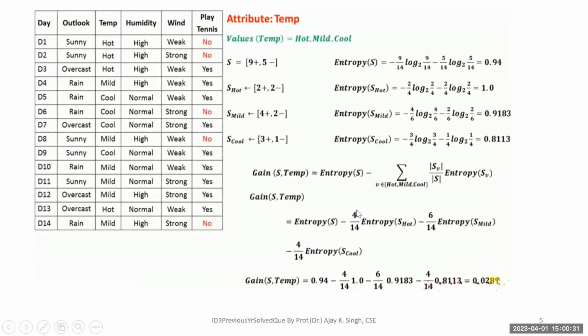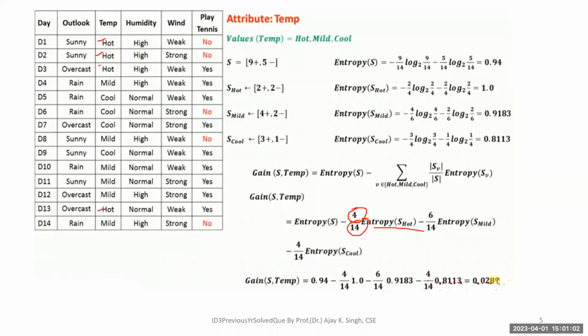This is the total case, and out of the total cases, how many are hot? I think it is 4. Let's see: 1, 2, 3, 4. Four points are there. Are you able to see that? That's why we have written 4 hot. There are 14 cases in total.